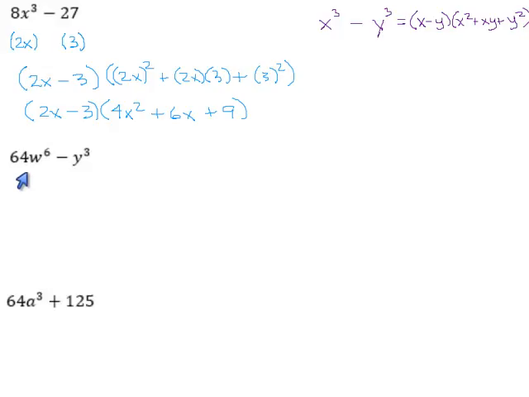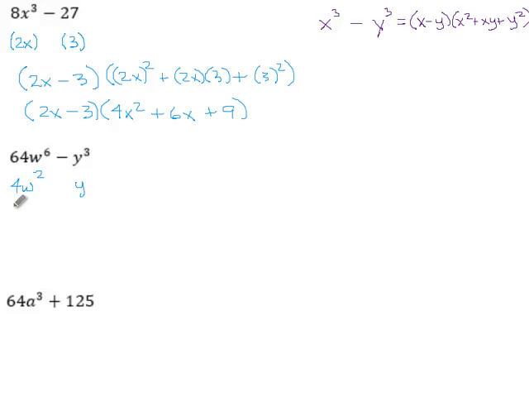We're doing cube roots for each of these values, so what would the cube root of that thing be? It would be 4w squared, and the second one is simply going to be y. Those are our two cube roots, the first and the second cube root. And again, we go back to our factoring formula up here, or on whatever formula sheet you're getting used to.